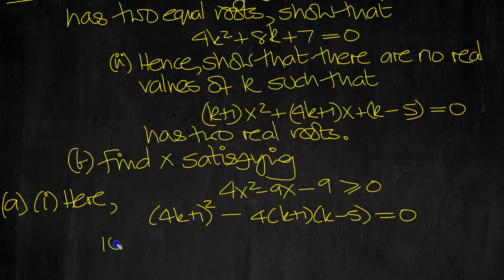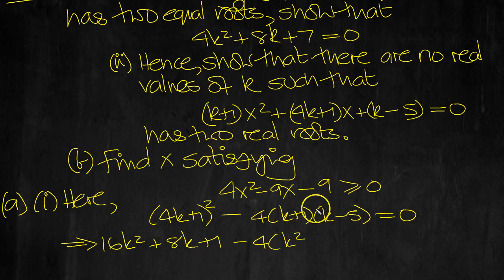16 squared, k squareds, plus 8, 4k and 4k is 8k, and 1 times 1 is 1, minus 4 lots of k squared, expand this bracket here, minus 5 plus 1 is minus 4k as the middle terms, plus times a minus is minus, 1 times 5 is 5, equals 0.